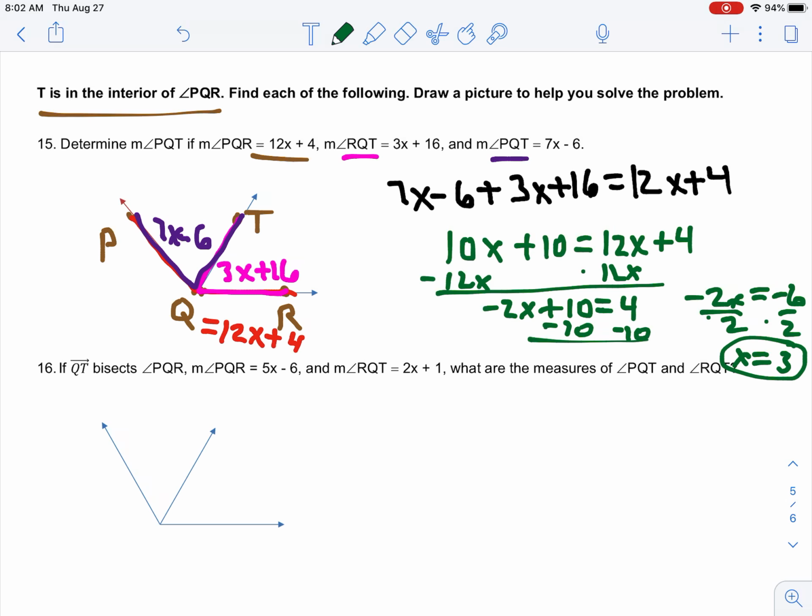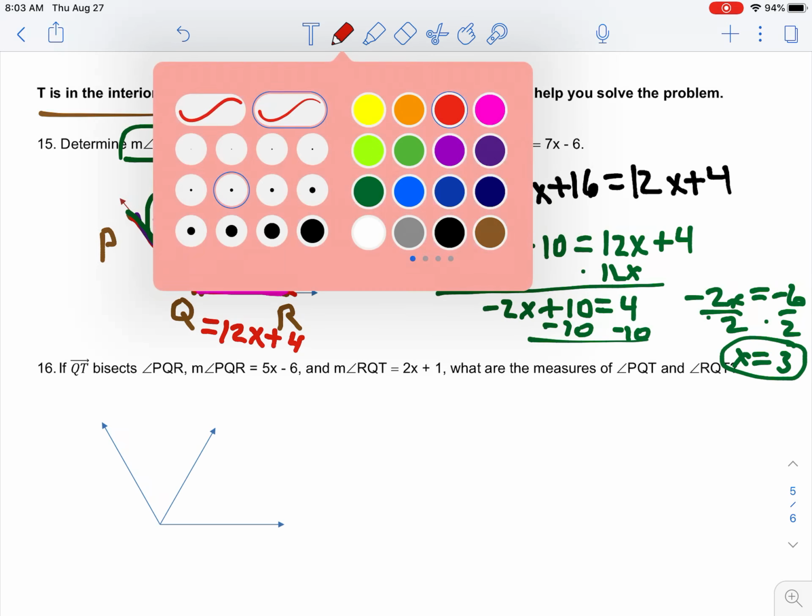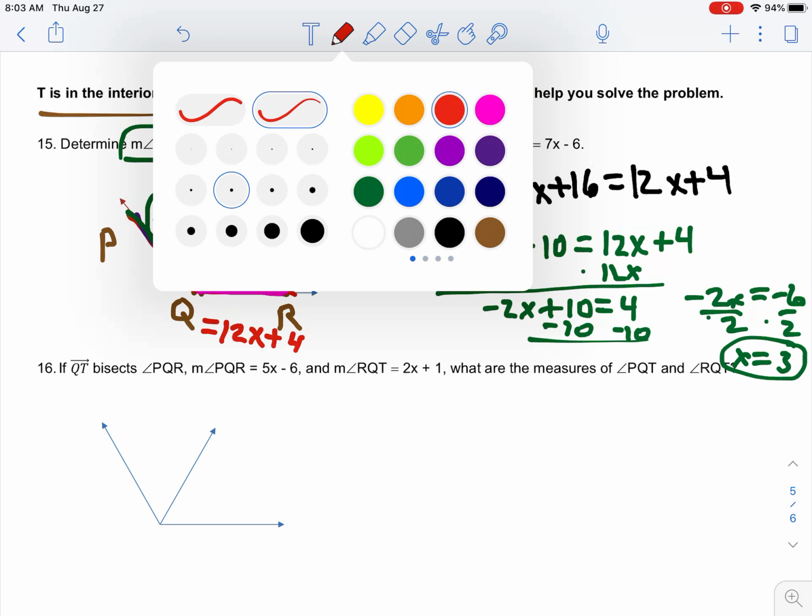Now, the question says, determine PQT. So we have to decide, do I have to plug it into one part, all parts, both parts, etc.? Well, if I trace PQT, you'll notice it's this equation right here. So to find that angle, we're going to go back and plug it in.